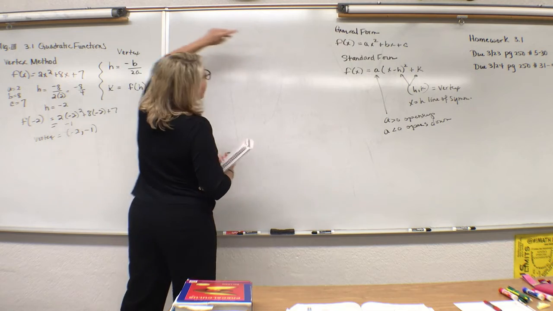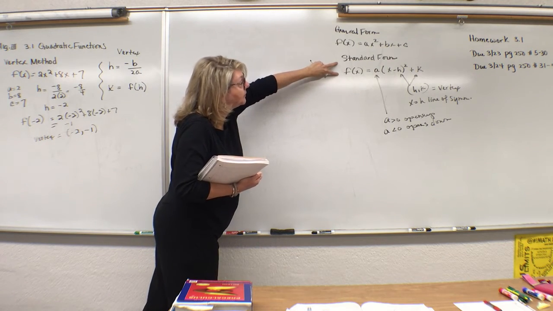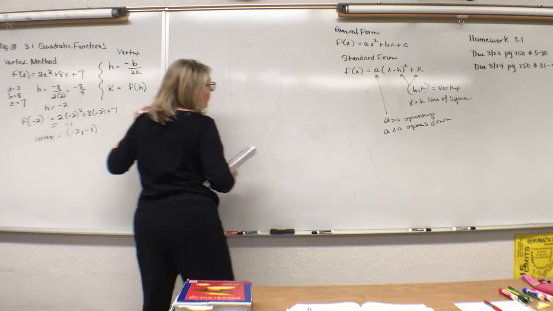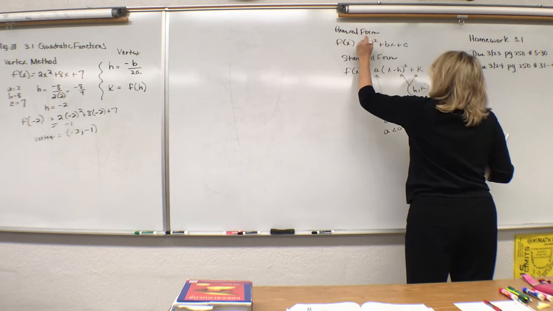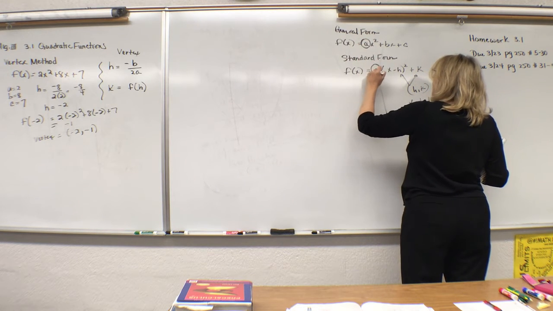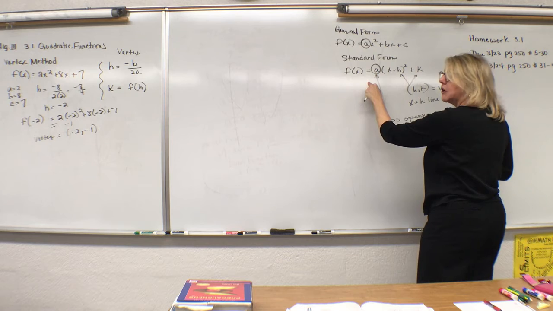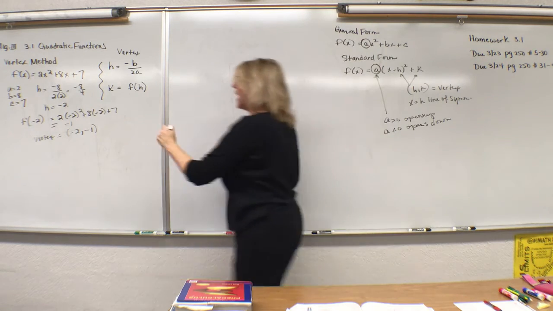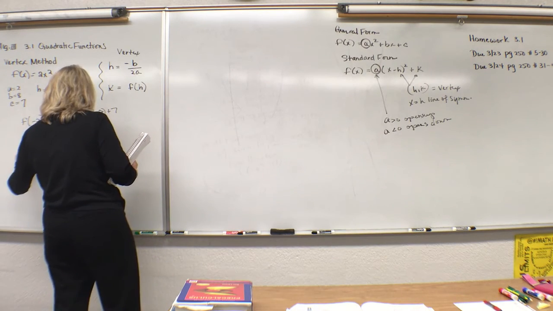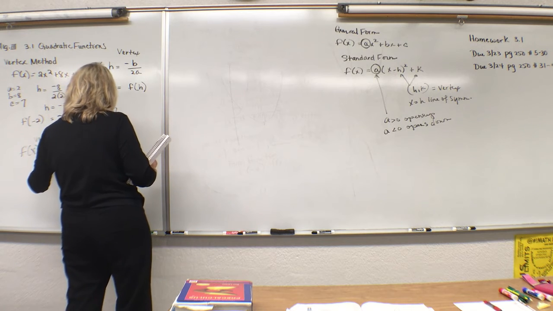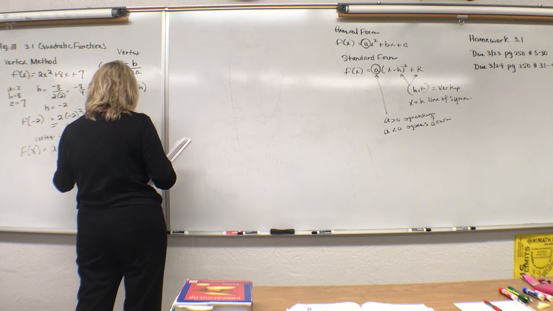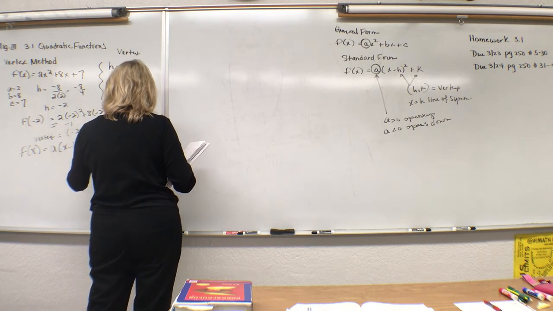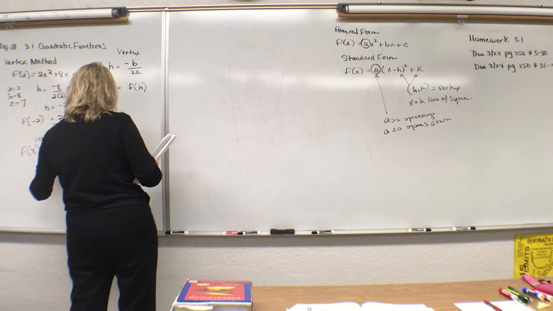Now, whether I'm in this standard form or whether I'm in the general form, the a values are the same. A is the same a here as it is in this location. So now if I'm going to put this into standard form, the a is 2.